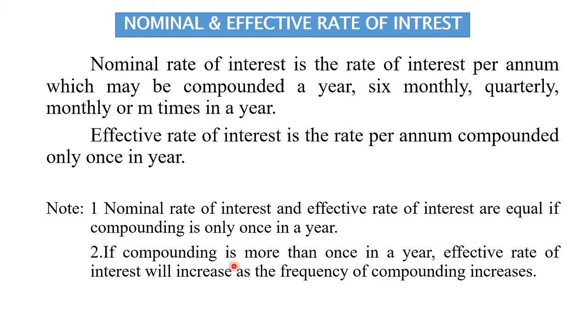And second, if compounding is more than once in a year, effective rate of interest will increase as the frequency of compounding increases. So the important thing is that nominal rate of interest is compounded yearly, six monthly, quarterly, monthly or m times in a year, and effective rate of interest is the rate per annum compounded only once in a year. Okay, this is important.